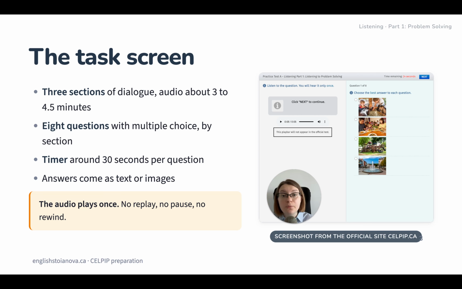And I say hear because you don't see the questions. You have to pay attention to the question and then make your choice, A, B, C, D, based on what you hear. Questions can be just multiple choice text, or sometimes you could see a picture, like here. The audio plays once, so that's important. No replay, no pause, no rewind.